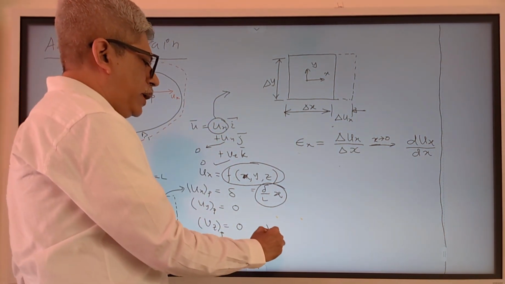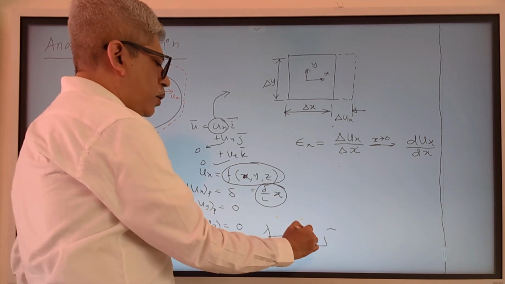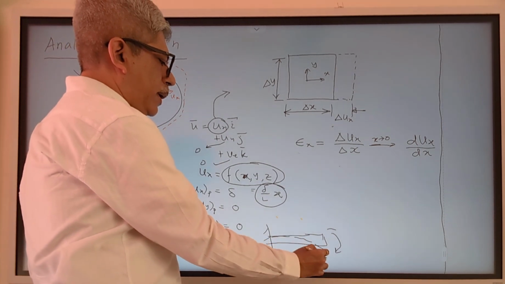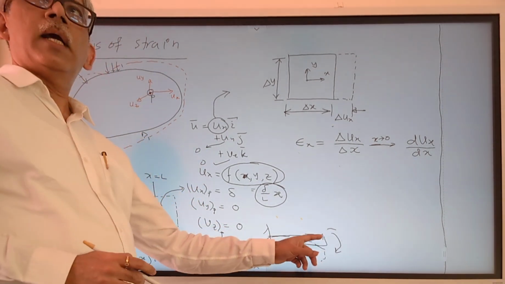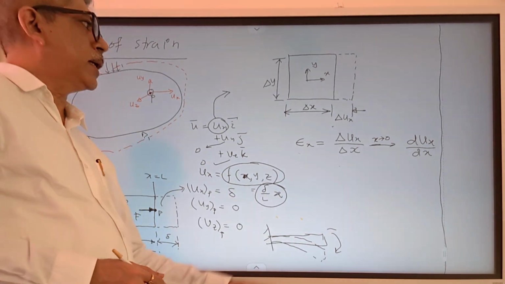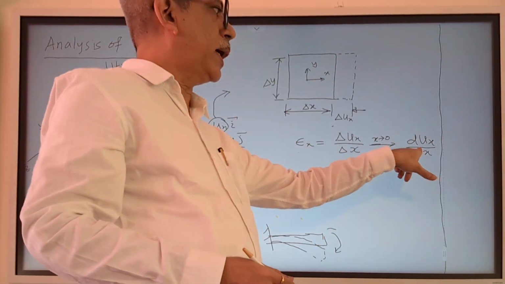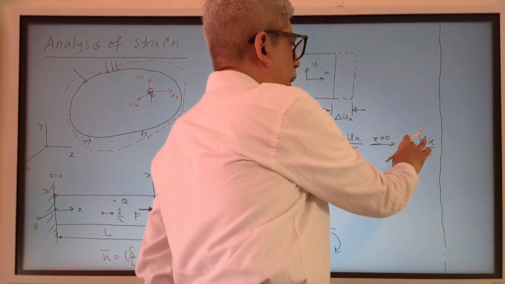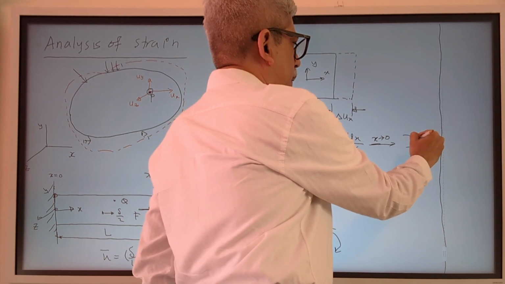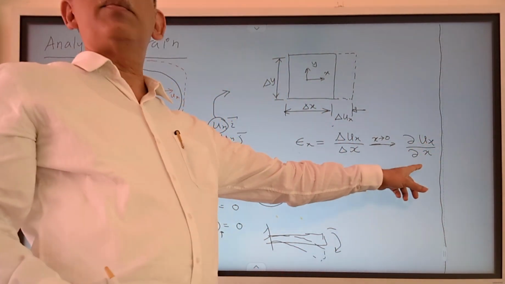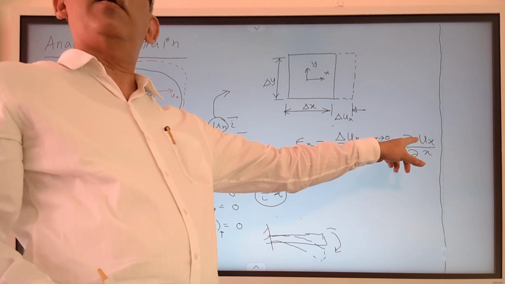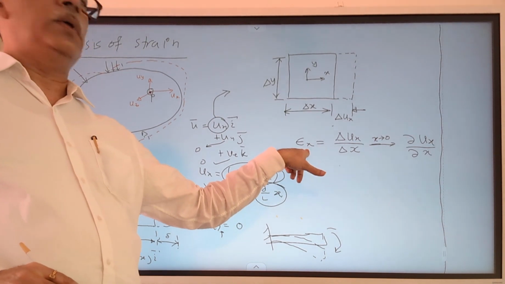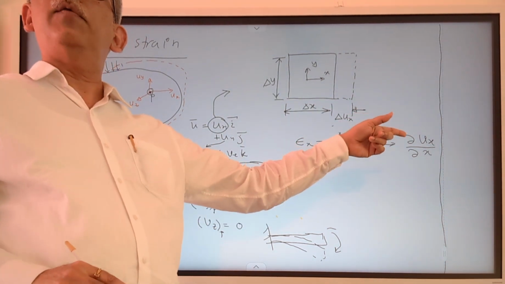One simple example would be a bar which is subjected to bending moment. In this case, the deformation would depend not only on x but also on y, which location we are considering. That is why instead of considering the pure differential here, it is written in terms of the partial differential. So here it is partial ux by partial x, the partial differential of the displacement field in x direction with respect to the linear dimension in which you are talking.